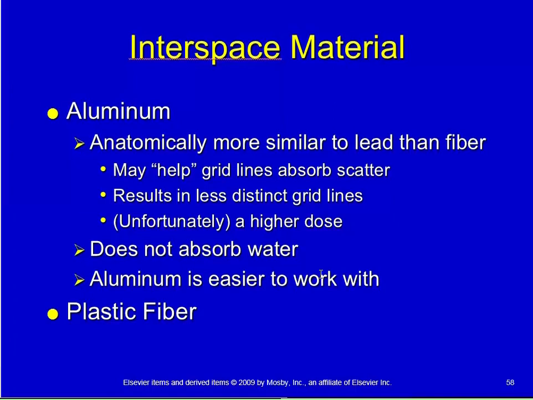So you don't have that problem with aluminum, less of a problem with plastic fiber than with paper, but paper interspace materials are, I won't say they're abandoned, but they're used less frequently because of the problem with moisture.